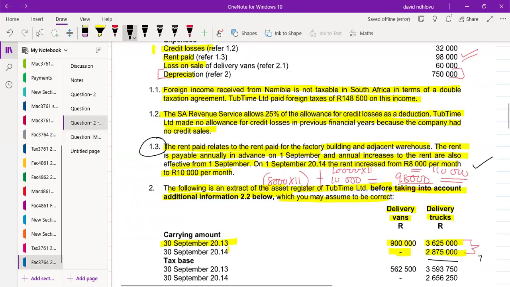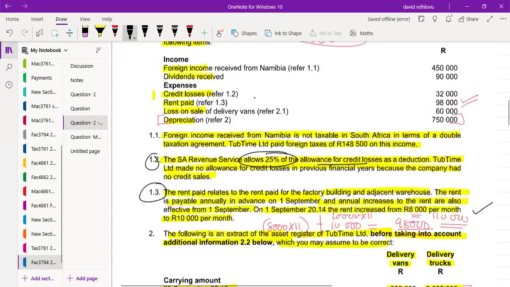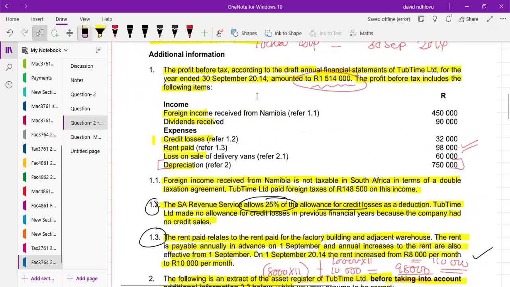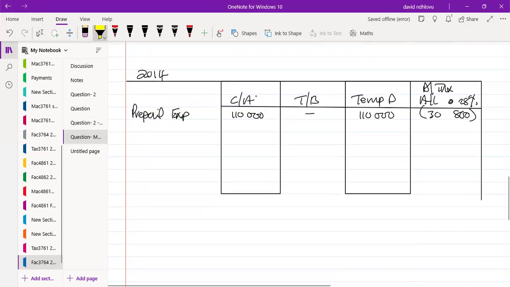And then we also saw that when we deal with this, there is an allowance for credit losses. SARS only recognizes 25%. This is the first time that we are presenting an allowance for credit losses. So this value that we have here, which is 32,000, represents the movement for the year. Therefore there was none in the prior year.